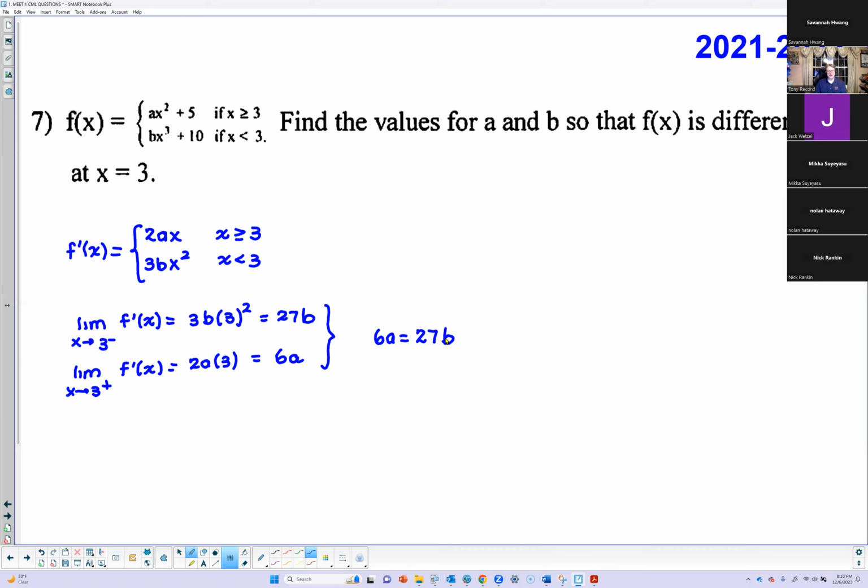I wouldn't be surprised if two thirds or more of you, maybe all of you, are thinking the right thing. In order for a function to be differentiable, that function has to be continuous also. So what you have to do is plug the 3 in for x in the original function and set those equal to each other. In other words, you're finding the limit of the original.